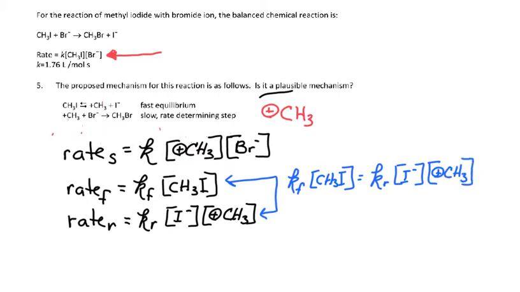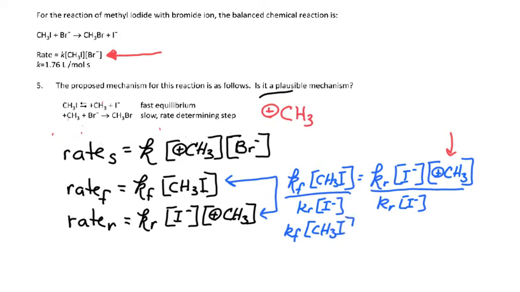We are trying to solve for the concentration of the methyl cation so that we can plug it in. So we're going to divide both sides by Kr times iodide. That means that Kf times methyl iodide divided by Kr times iodide equals methyl cation.